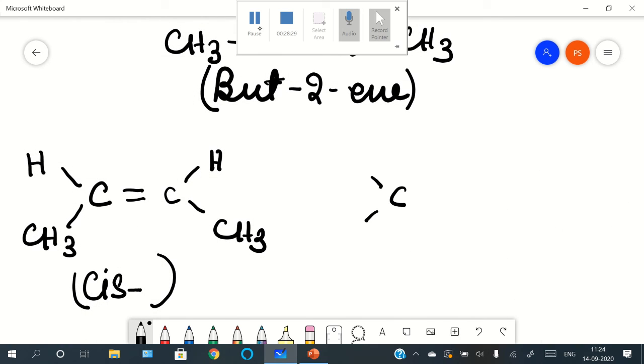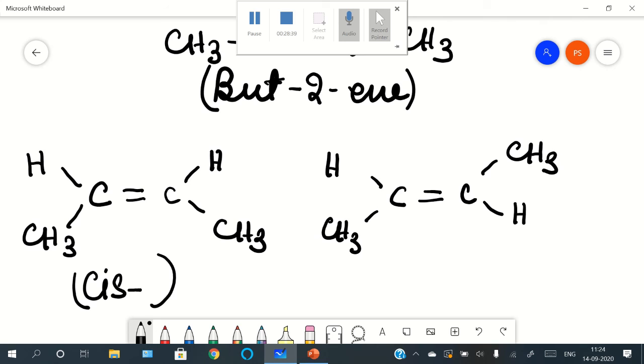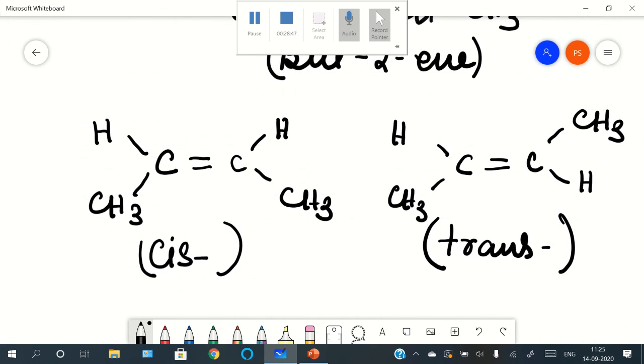And if the similar groups are situated on the opposite side, then the compound is the trans isomer. As the double bond cannot be rotated, the cis isomer cannot be converted into the trans isomer. As a result, the two entities have quite different physical and chemical properties.